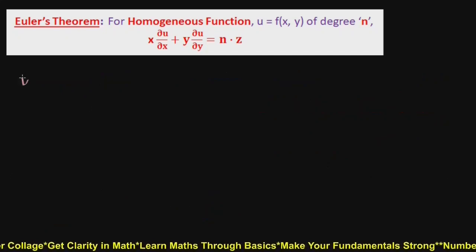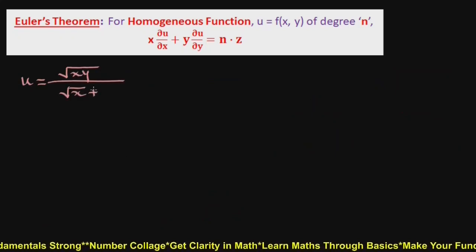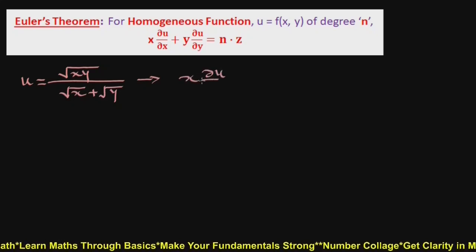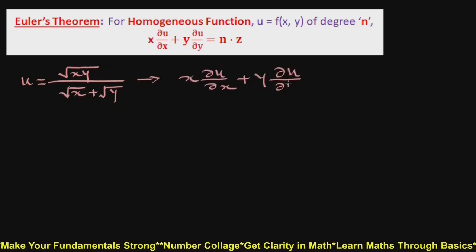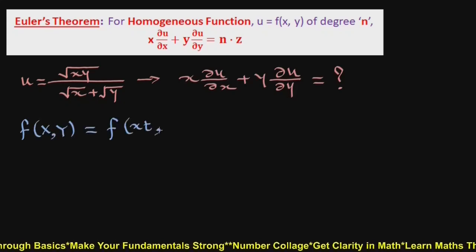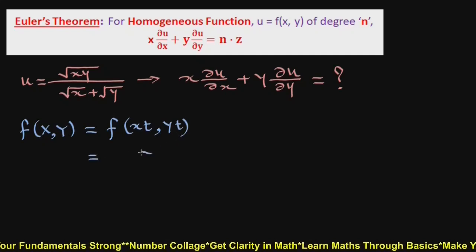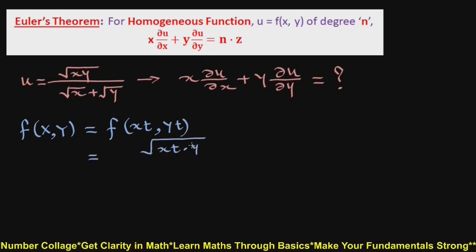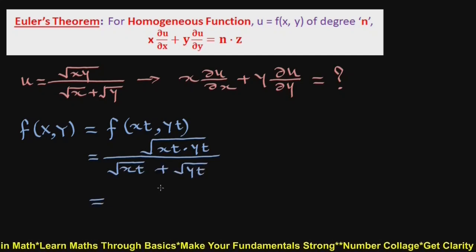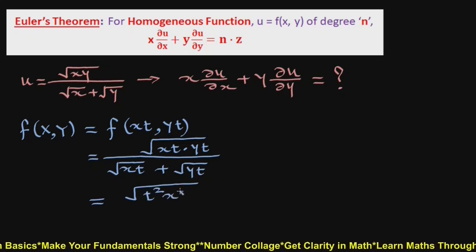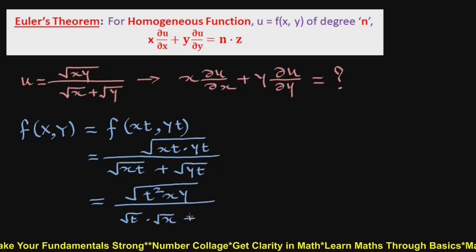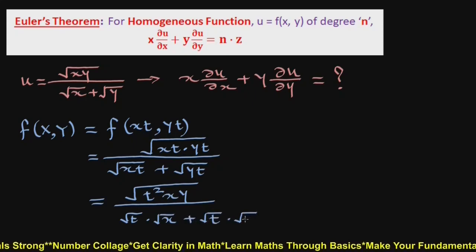If u is root xy upon root x plus root y, we have to find the value of x ∂u/∂x plus y ∂u/∂y. F of XY will be f of xt, yt, that will be square root xt yt upon square root xt plus square root yt, which is square root t square xy upon square root t into square root x plus square root t into square root y.